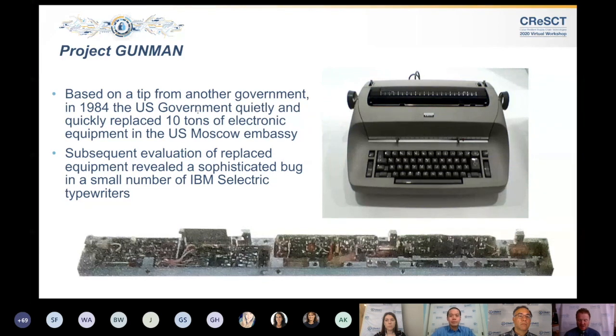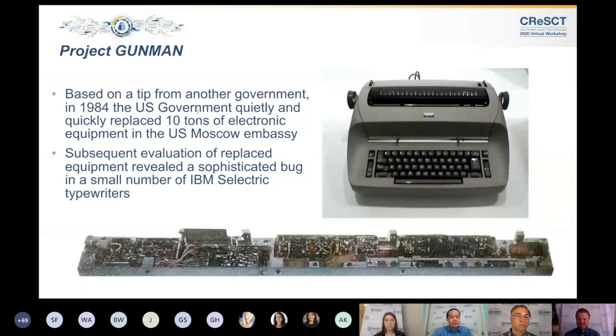It was pretty sophisticated for the time. It allowed every keystroke made on these typewriters to be transmitted to somebody listening in the basement and recorded, so they could see what documents were being typed.